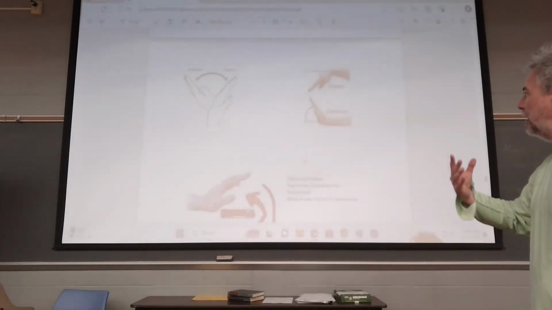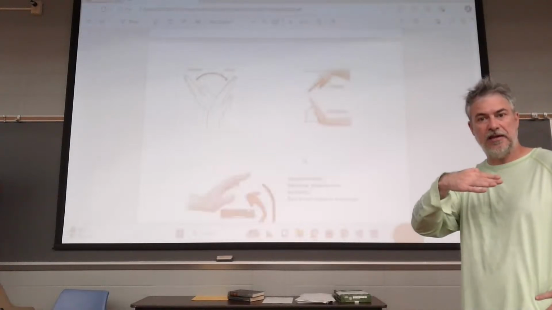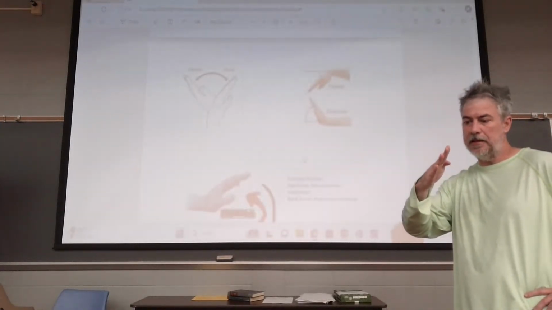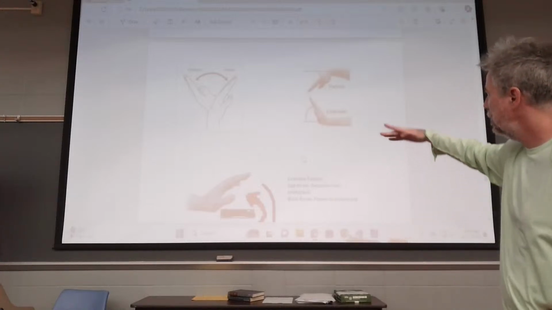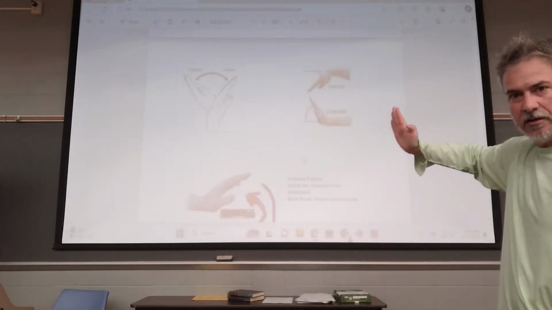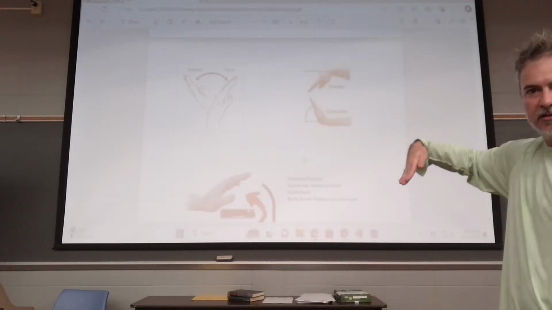Okay. Now, how we are going to communicate the nuance of extension is with anatomical. So the bottom would be extension from anatomical, and the top would be flexion from anatomical.